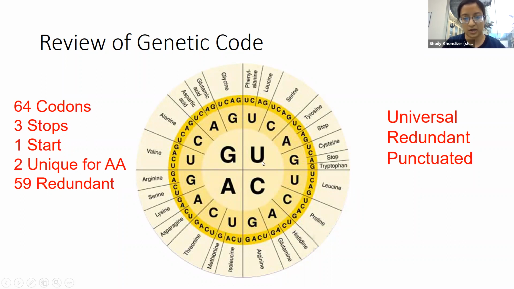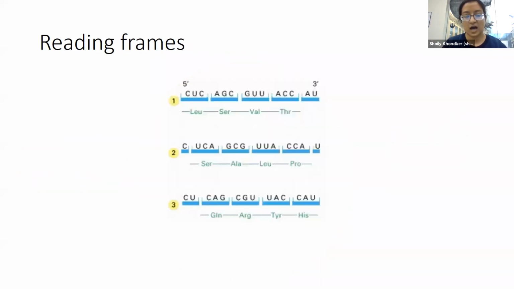These include 3 stop codons, which code for the end of translation, 1 start codon, which is AUG, and that signals the start of translation. And there are 2 that are unique for amino acids, but 59 of the 64 codons are redundant. So that's one of the key features of the genetic code, in addition to being universal and punctuated. I'll explain what punctuated means in this context in a bit.